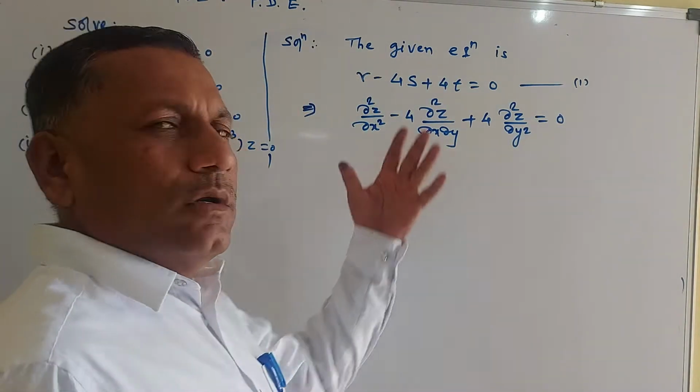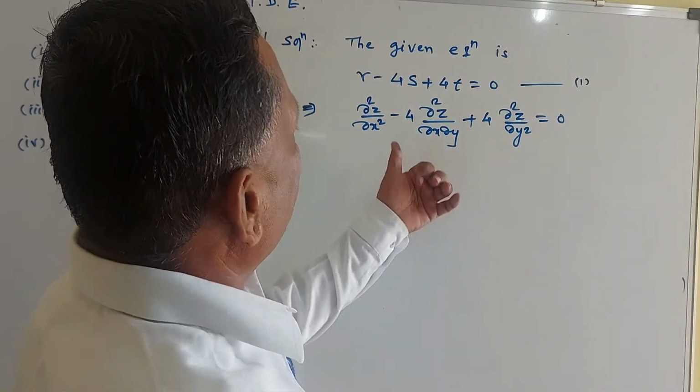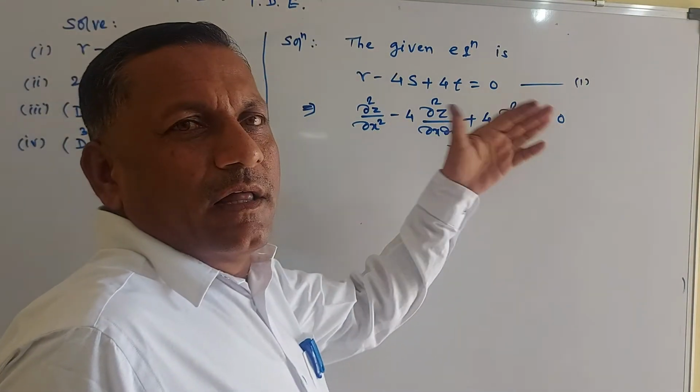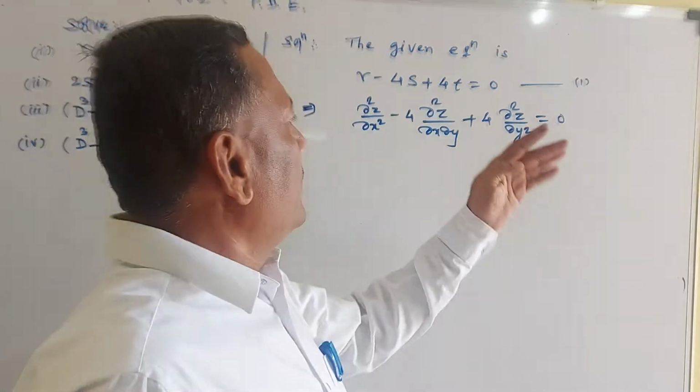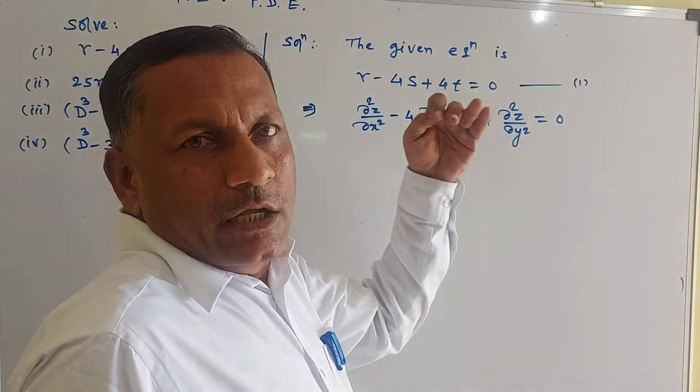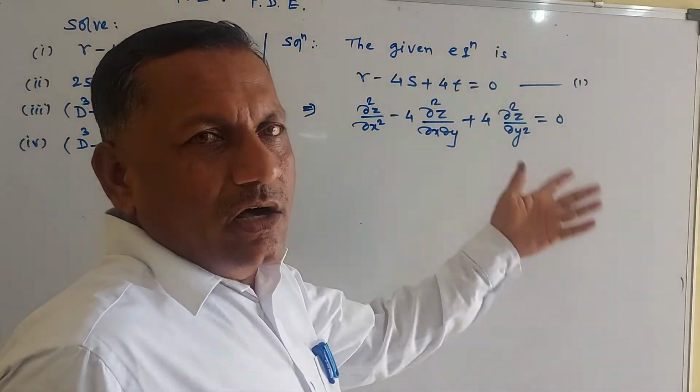Now you know the working rule. First you write the equation in symbolic form, then find the auxiliary equation, then find the roots of the auxiliary equation, and see whether the roots are repeated or non-repeated.